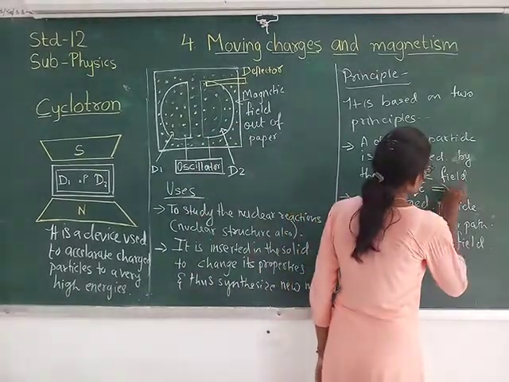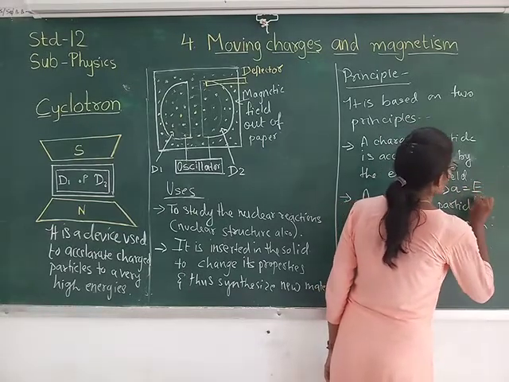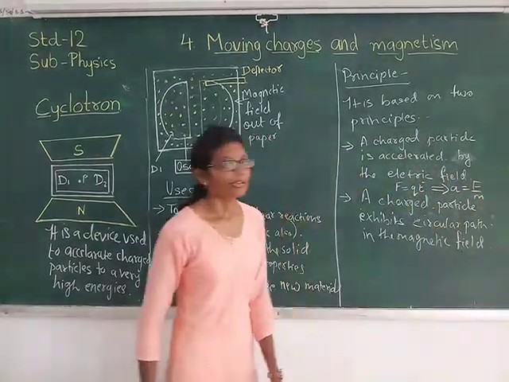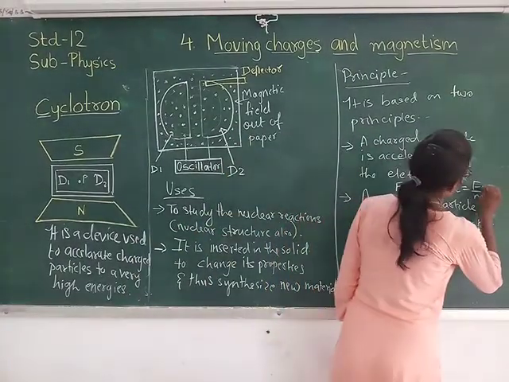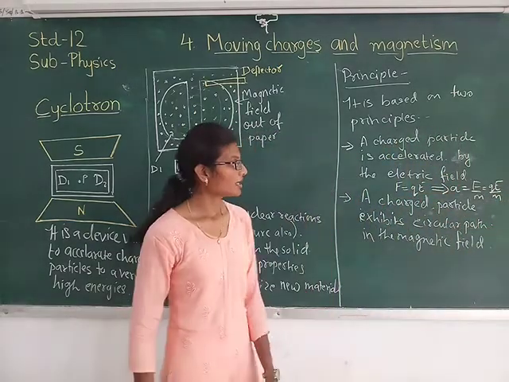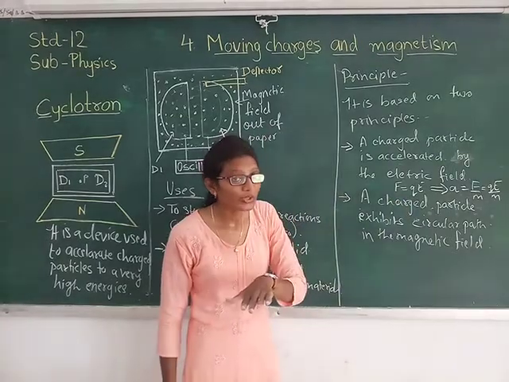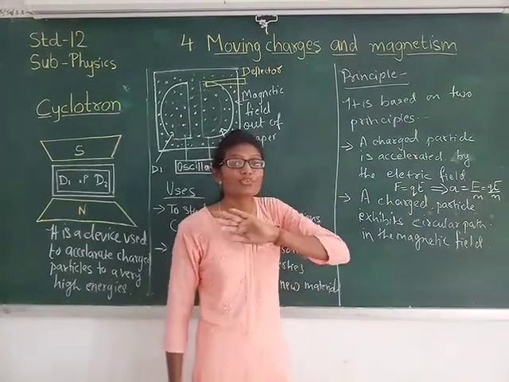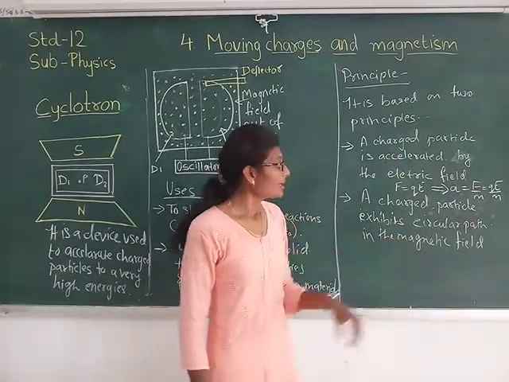Then what will be the acceleration? Acceleration is equal to F by m, and that F by m is equal to QE by m, right? So when the charged particle is put into the electric field, the electric force is provided to it and it gets accelerated, right?